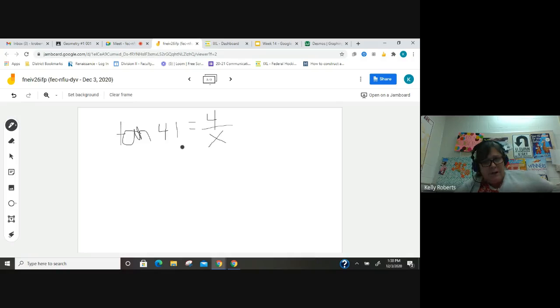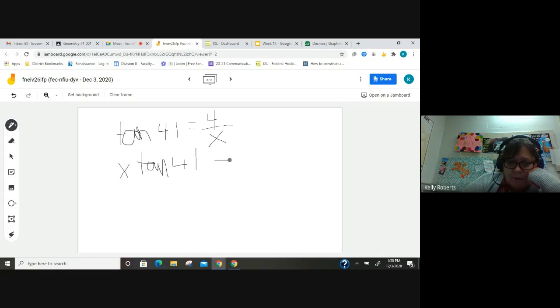All right. So in order to solve this, I need to get x by itself. So I'm going to start out by multiplying both sides by x. So I have x tangent of 41 equals, and if I multiply this by x, the x's cancel and all I have left is 4.